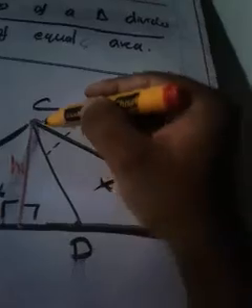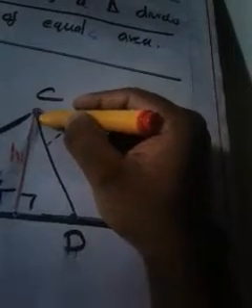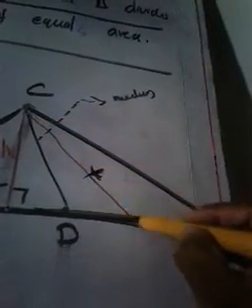Can you mark a height like this? No, because the height should be perpendicular towards the base you are considering, but this is not straight. So in short, you cannot consider this as height.